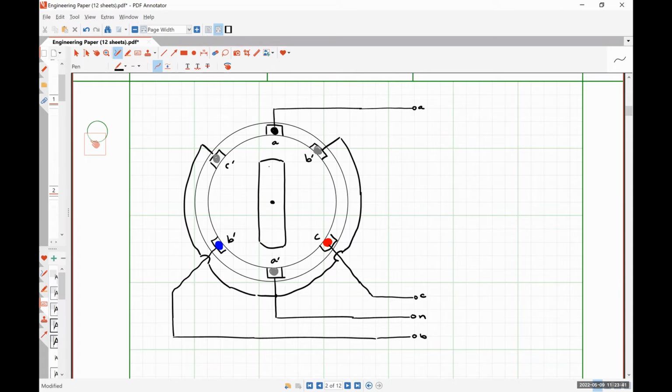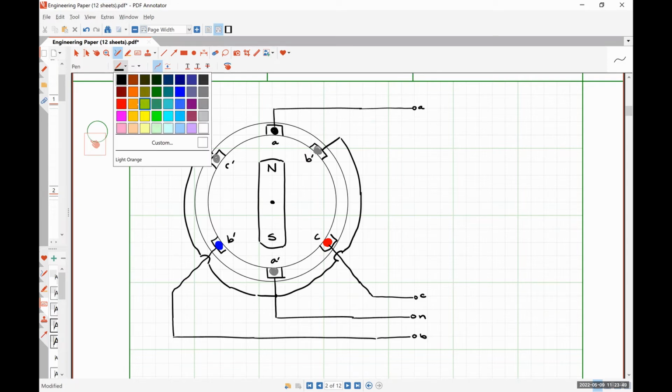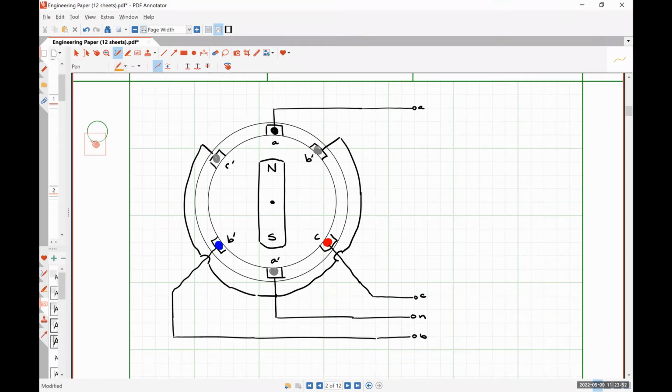I'm going to call this top bit the north pole of this magnet, the bottom bit the south pole of this magnet. And I am going to attempt to indicate that our rotor is going to spin in a counterclockwise direction with an angular frequency of omega. Okay.